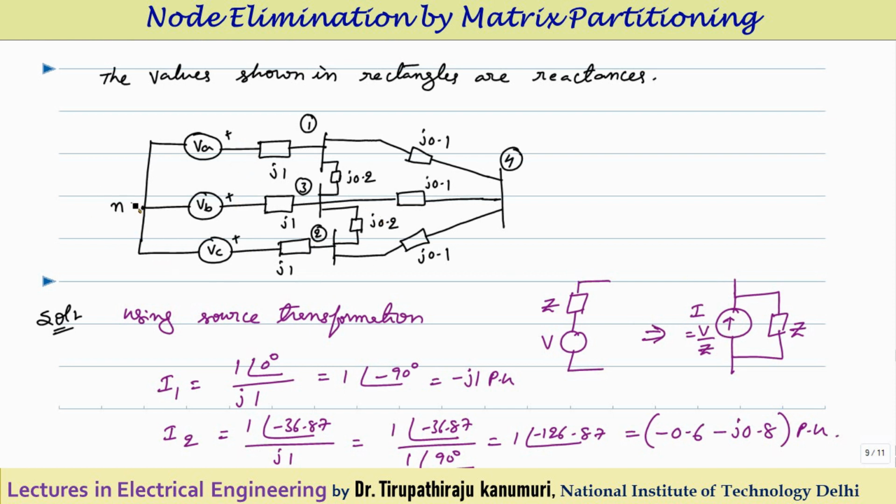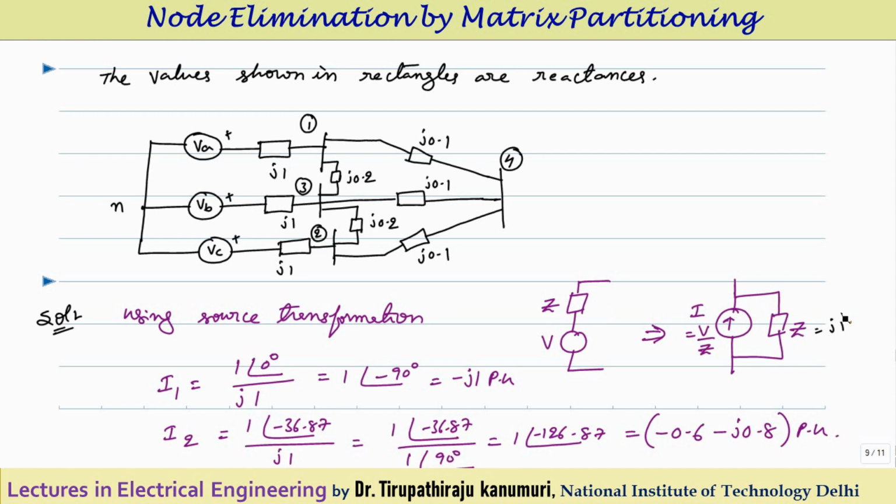N is the reference node. So I can represent this as a current: the current is VA divided by this impedance. Similarly, this will be VB divided by this impedance, and this is VC divided by this impedance. So we have to calculate this, and then the current direction will be like this in parallel with Z. In parallel means this J1 will come in parallel. So this will be equal to J1 in our example.